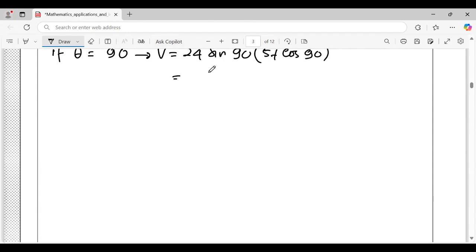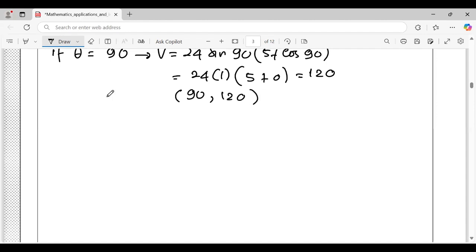Sine 90 is 1, so 24 multiplied by 1, times 5 plus 0. It is 24 multiply 5, 120. So the coordinate point is 90, 120. And I would like to sketch here.